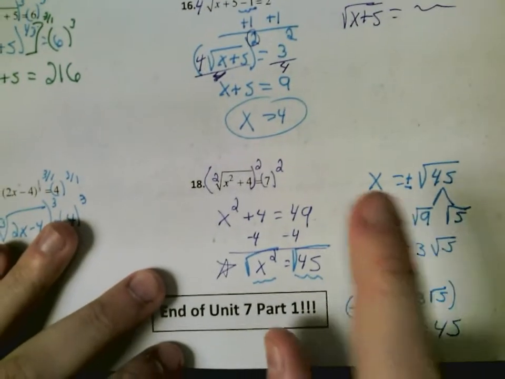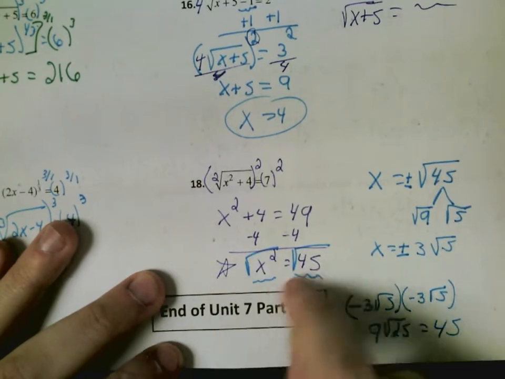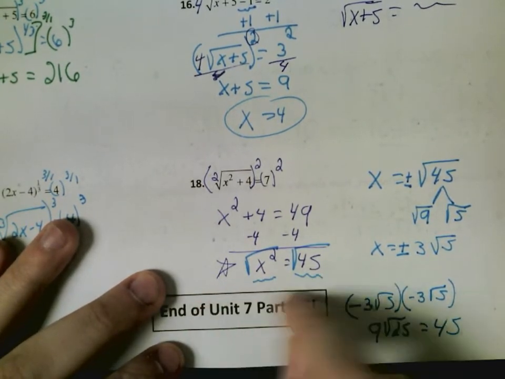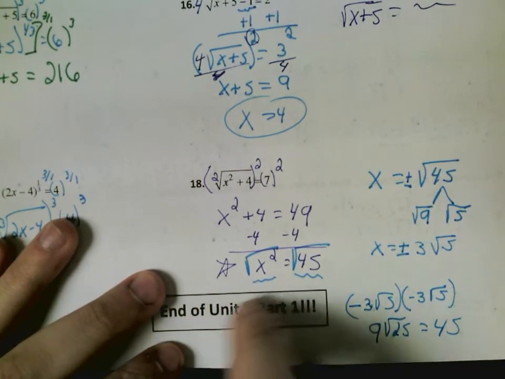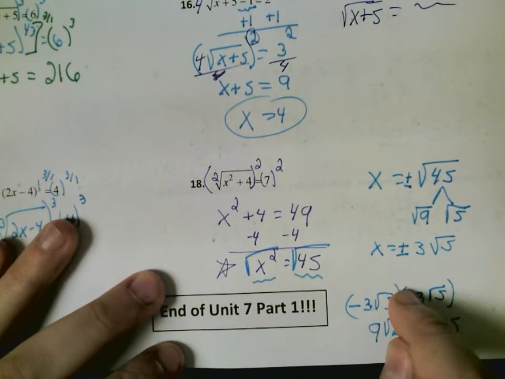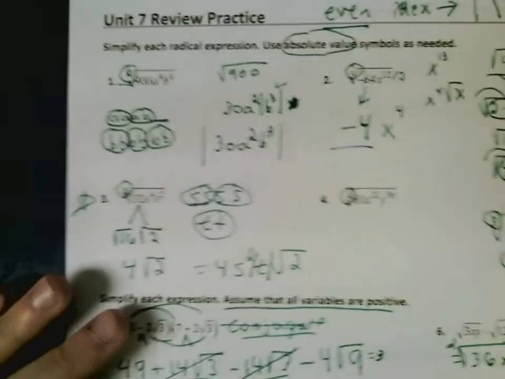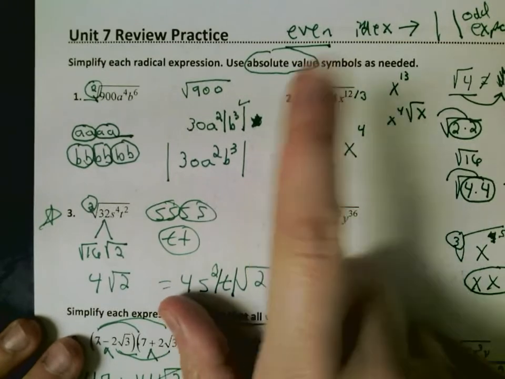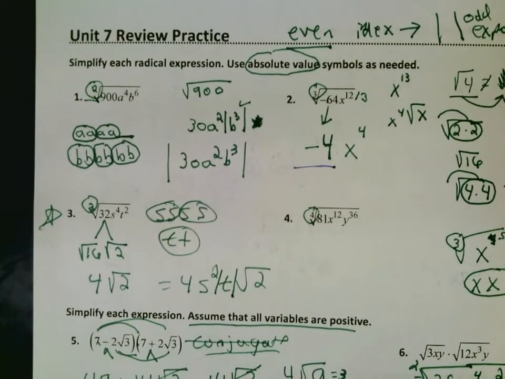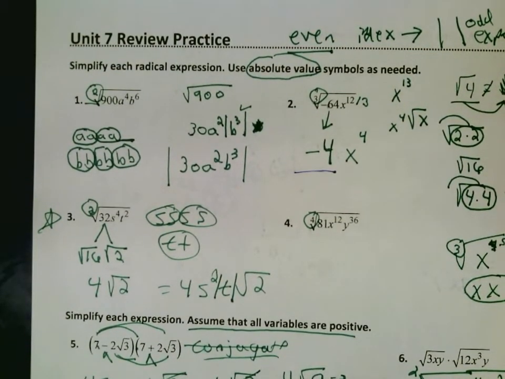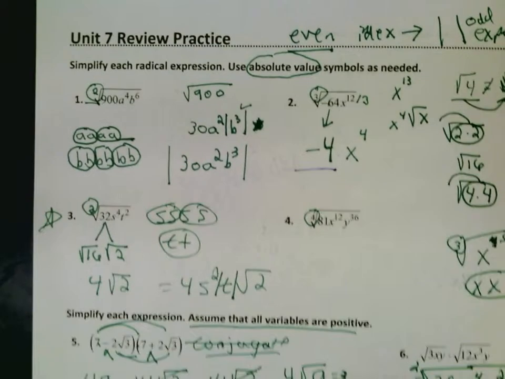So same thing on the back here. If you square root it or 4th root it or 6th root it, anytime you even root something, you need to be thinking about those pluses or minuses. Even if you're talking about on the front here, if it's an even index, you need to be thinking about those pluses or minuses. But that wraps up kind of the unit as a whole.